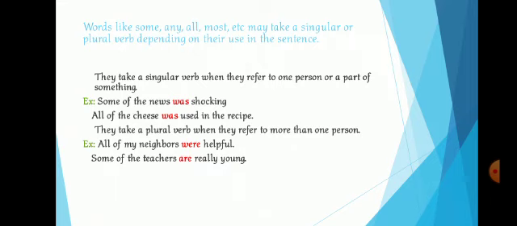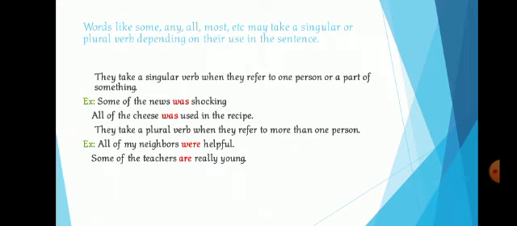Some of the news was shocking. News is singular, right? Even though it looks plural, it is singular. So it is one thing. Some of the news: some is talking about one part of the news. One part, not plural. So as news is singular, we use a singular verb.